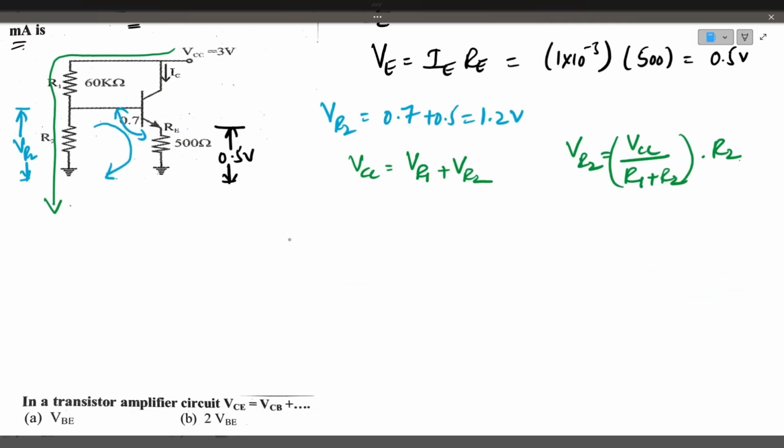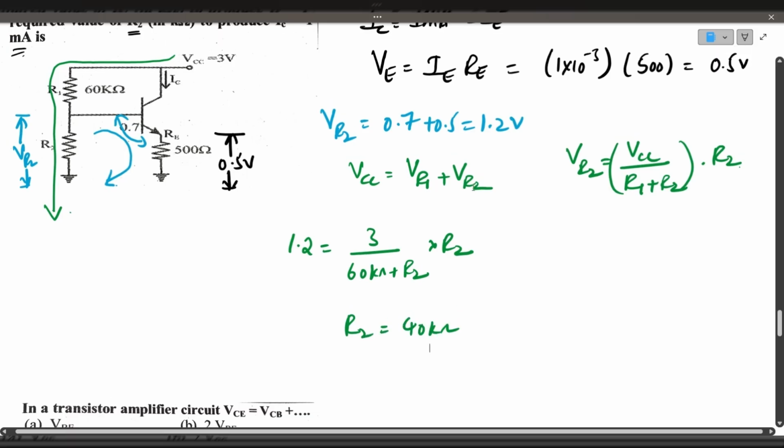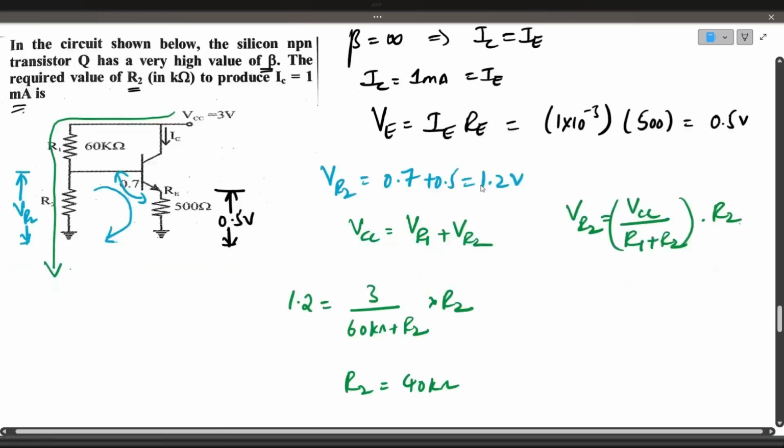So the voltage across R2 is 1.2 volts, VCC is 3 volts, R1 is 60 kilo ohms plus R2, multiplied by R2. By solving this, R2 is equal to 40 kilo ohms. So the answer is 40 kilo ohms.